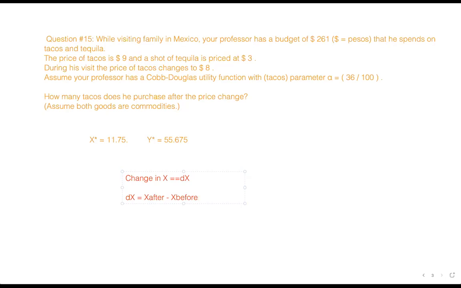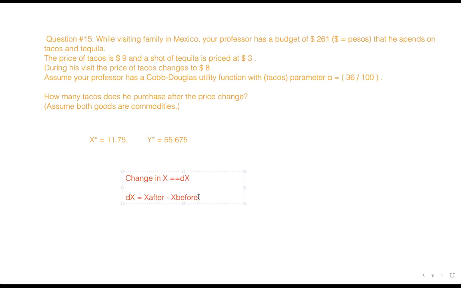And we already know from the law of demand that if it's a price decrease, then the consumer is going to purchase more. And if it's a price increase, they'll purchase less. So depending upon which of these is bigger, the X after or the X before, dx could be either positive or negative.